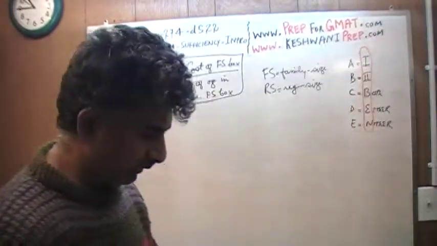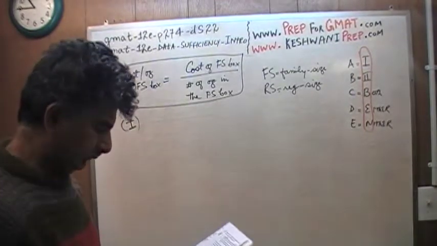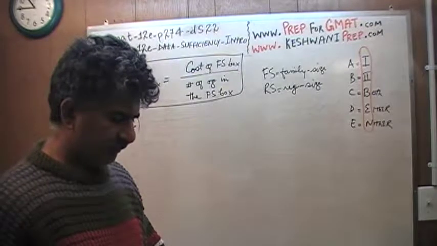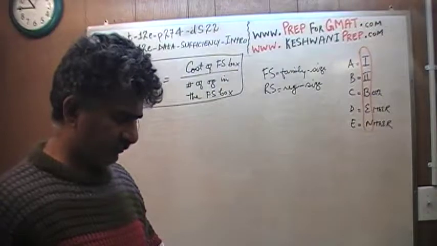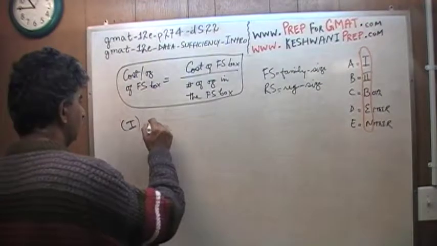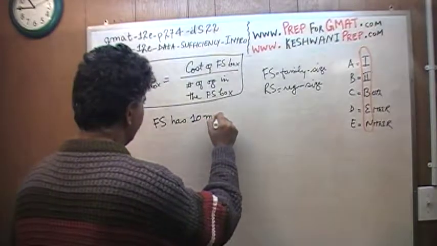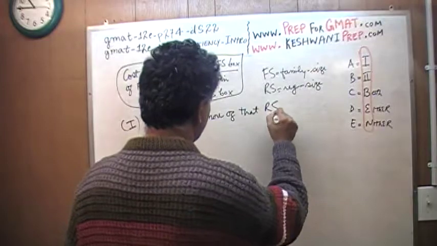Let's see what the two statements give us. Statement 1: the family size box of cereal contains 10 ounces more than a regular size box. Well, family size has 10 more ounces than regular size.